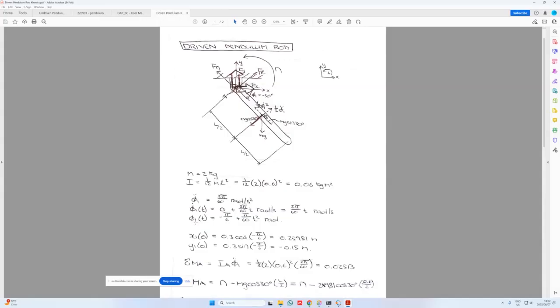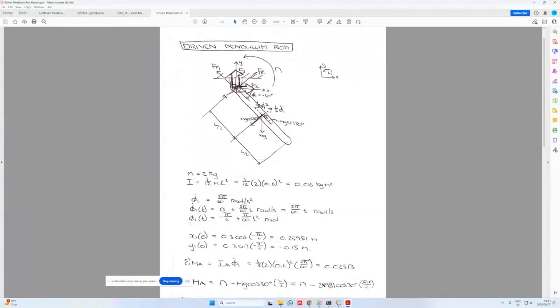If I integrate once more, I end up with pi over 60t squared plus another constant. And in this case, phi 1 at time 0 must be equal to minus 30 degrees, or in terms of radians, minus pi over 6. And if I substitute this in, that constant value becomes minus pi over 6.